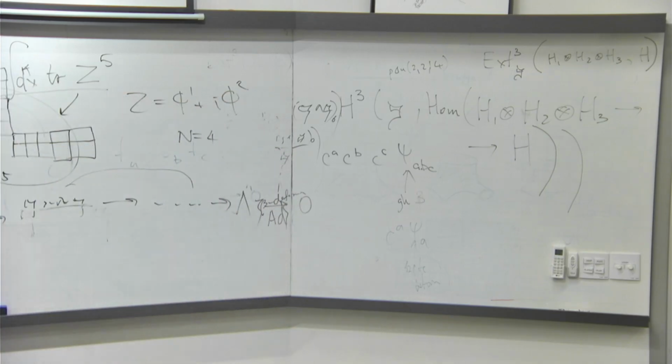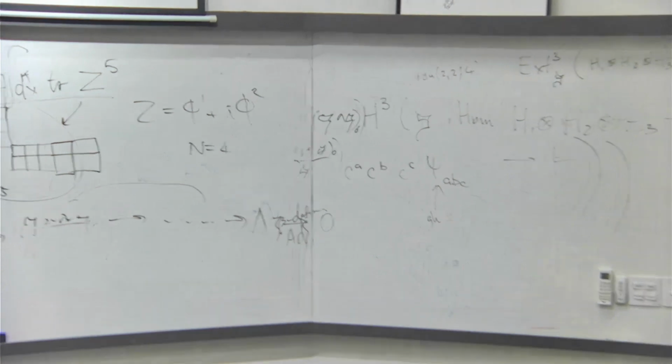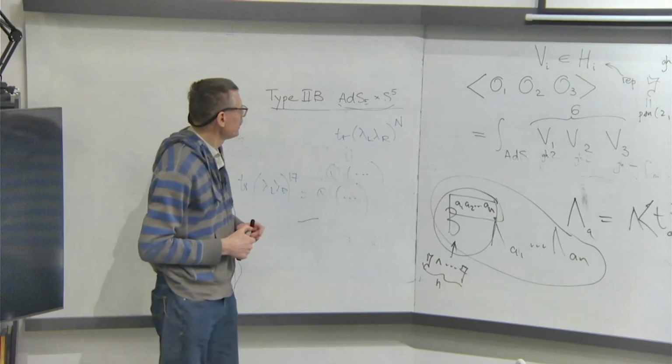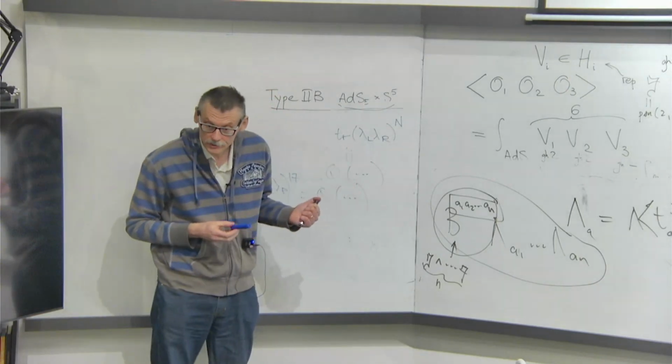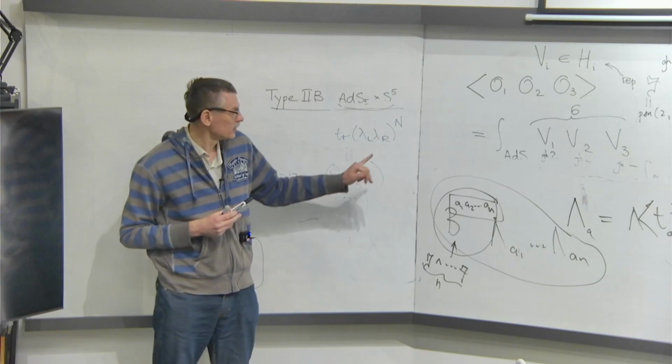So you can ask, it will give me x, some element of x. Do you think you can write that as a cube of something that is manifestly PSU(2|2,4) invariant? Of course not, because if it were manifestly invariant, then Q would act as 0 on it. Q acts as 0 on these expressions.